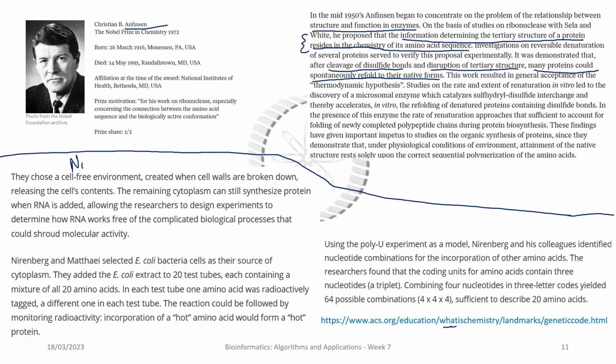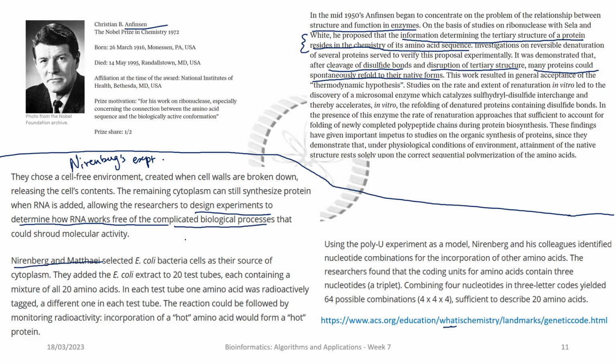And this was the Nirenberg experiment. So Nirenberg and Matthaei selected E. coli bacteria cells as a source of cytoplasm. They did an interesting experiment where they designed experiments to determine how DNA works free of complicated biological processes.